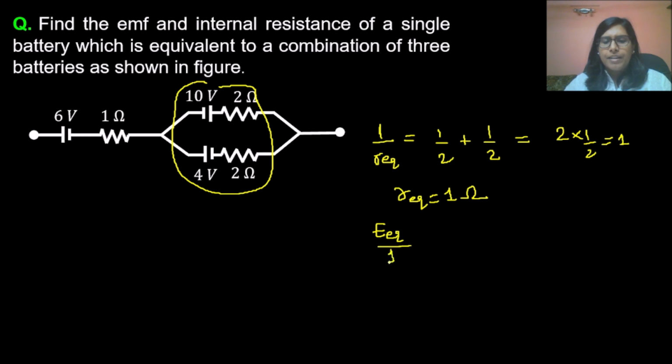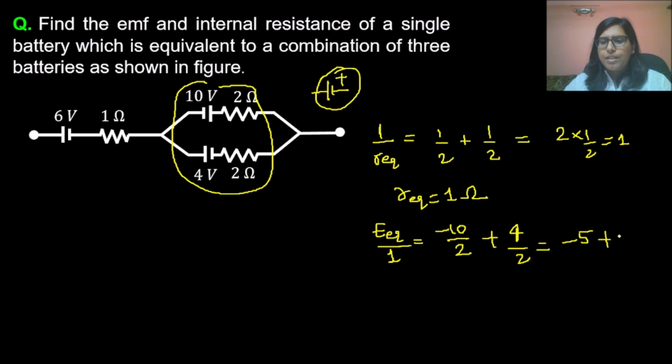Now if we calculate E equivalent upon R equivalent, that is 1, E1 upon R1. We will consider this direction positive, so this will be negative: minus 10 upon 2 plus 4 upon 2, so this becomes minus 5 plus 2, that means minus 3.